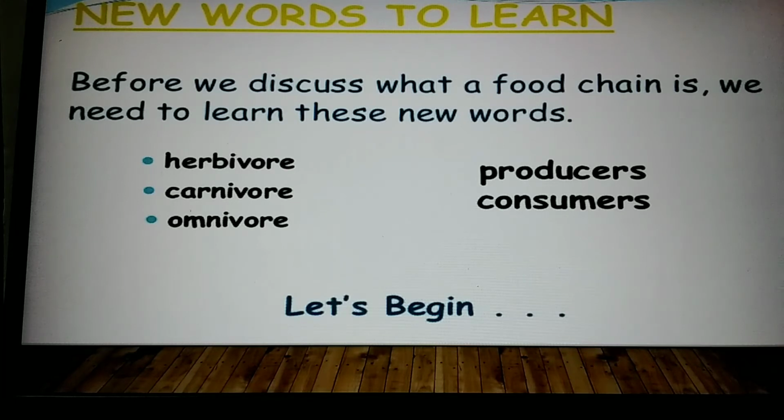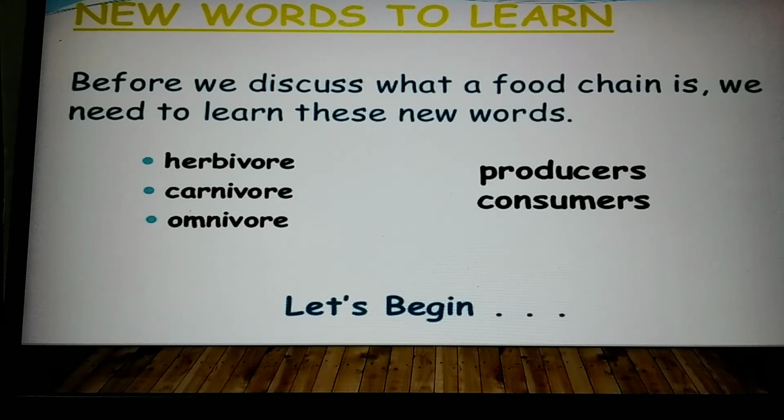Carnivores are the animals or living things which eat only flesh, that is meat, fish. These are called carnivores. Omnivores: the living beings which can eat both plant material as well as animal material are called omnivores.